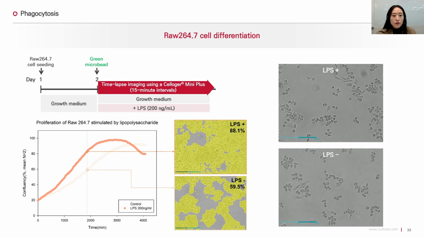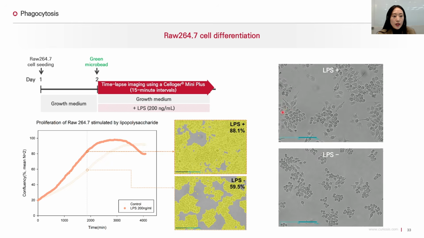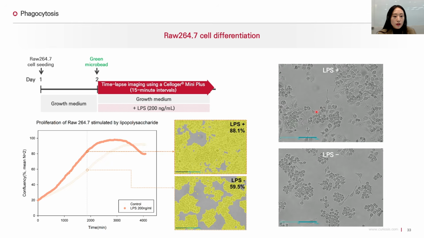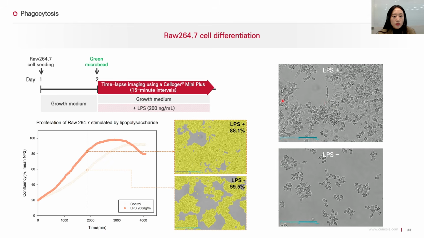Before testing phagocytosis, we first monitored how monocytes differentiated into macrophages under LPS stimulation. Using CellLogger Mini Plus, we captured images every 15 minutes in bright field to track these morphological changes. Over time, the round, loosely attached cells began spreading and adhering more firmly, adopting a spindle-like macrophage morphology.